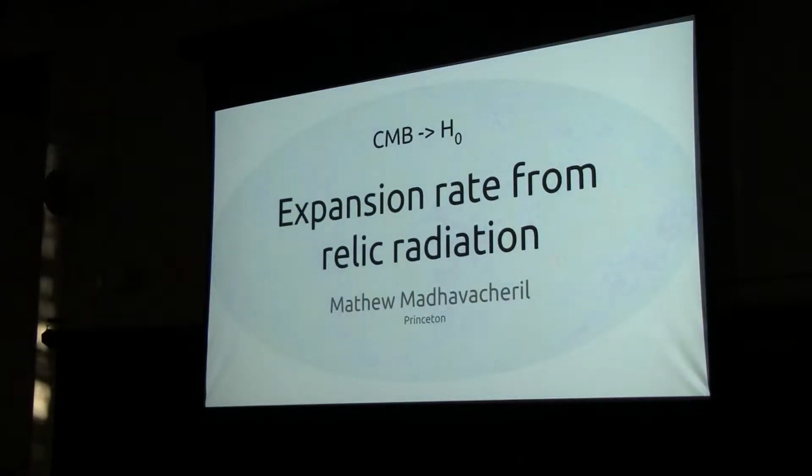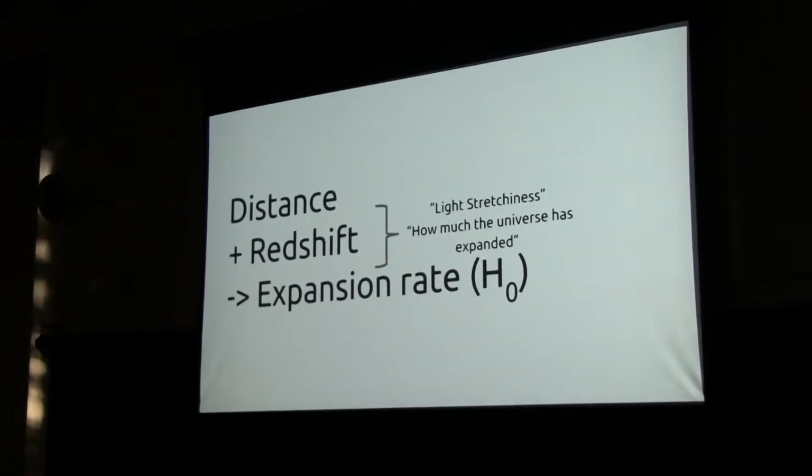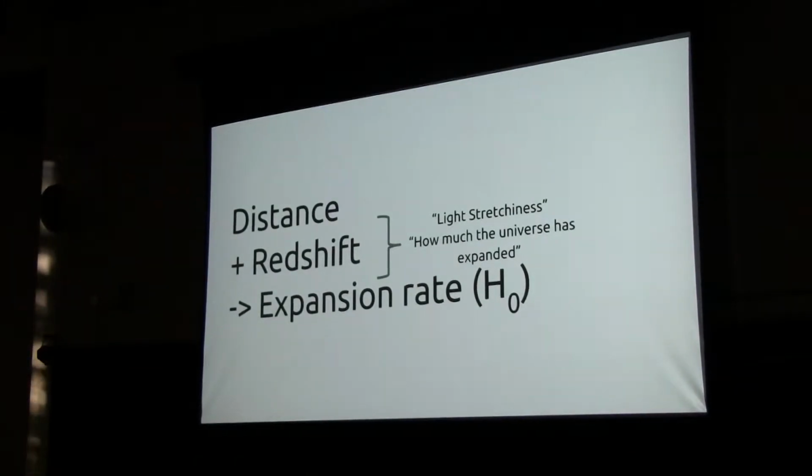Okay, so the thing I want to remind you from the previous two talks is that in order to measure the expansion rate of the universe, you need two things. You need a distance and you need a redshift. And Saurabh and Steve already explained what redshift is. You can think of it as expansion of the space. The space is expanding and the photons of the light get stretched out.